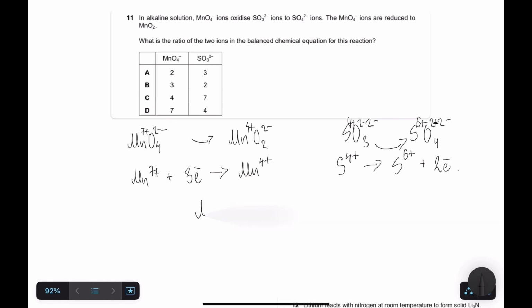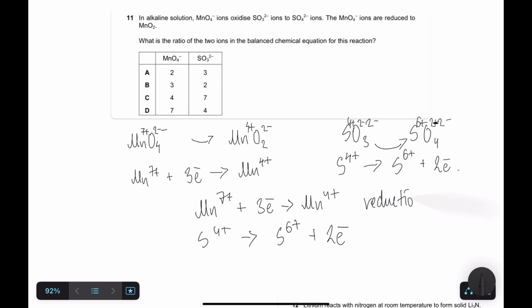So if you write it in two rows, it is reduction and it is oxidation, and it has 3 and it has 2 electrons.